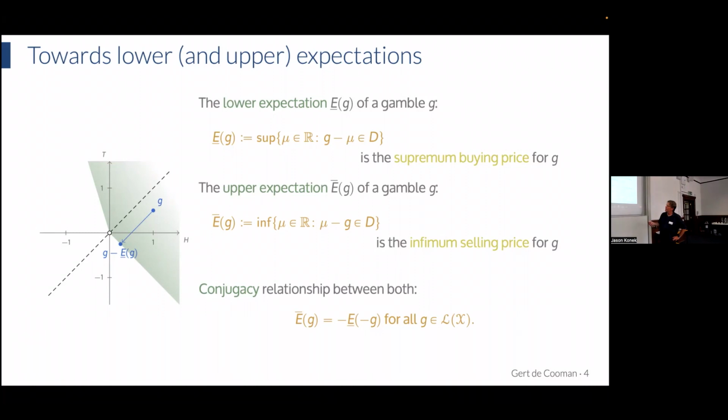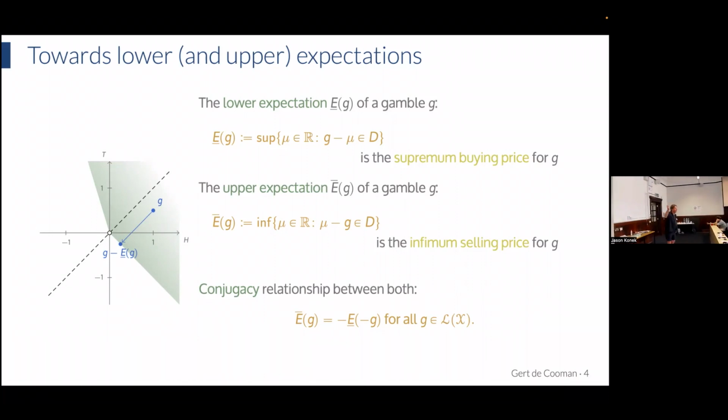I'm drawing that line, and then these are values mu, they increase, and at some point, for some mu, I will stop being in the set of desirable gambles. So here at the border is exactly where the G minus the lower expectation of G resides. So for this value mu equal to the lower expectation of G, I reach the boundary of the set of desirable gambles.